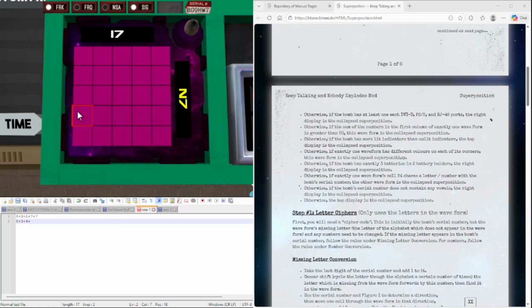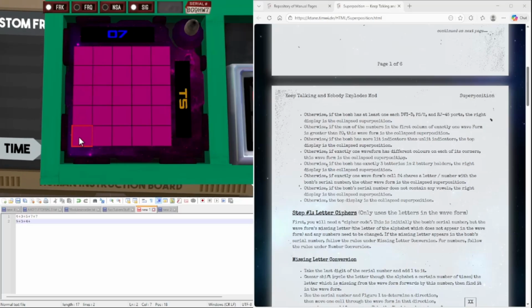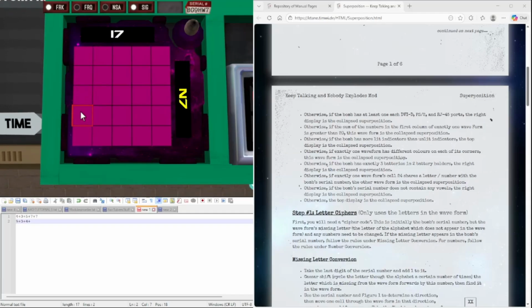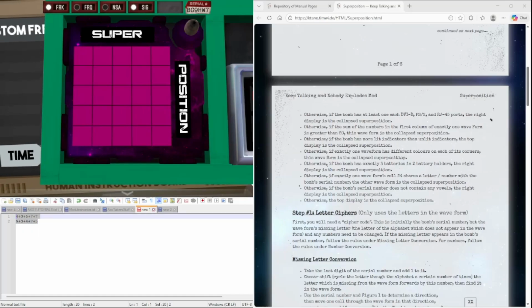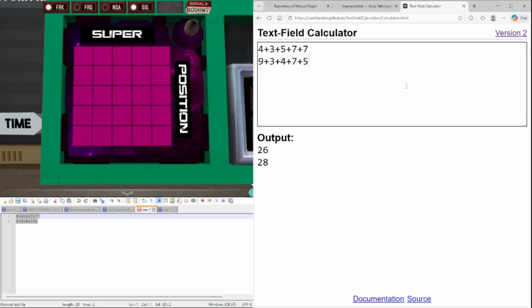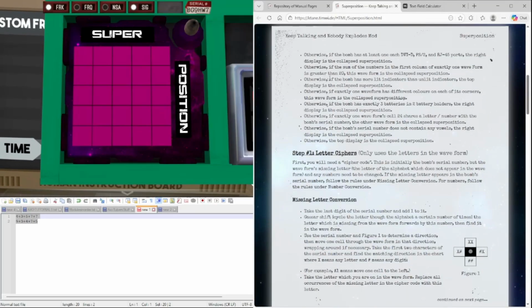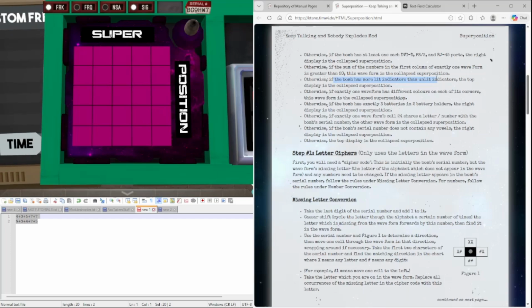First column, yeah. 9, 3, 4, 7, 5. It's not looking like it's going to be that one. Yeah, both of them are much bigger. The one has more lit indicators than unlit indicators. No.